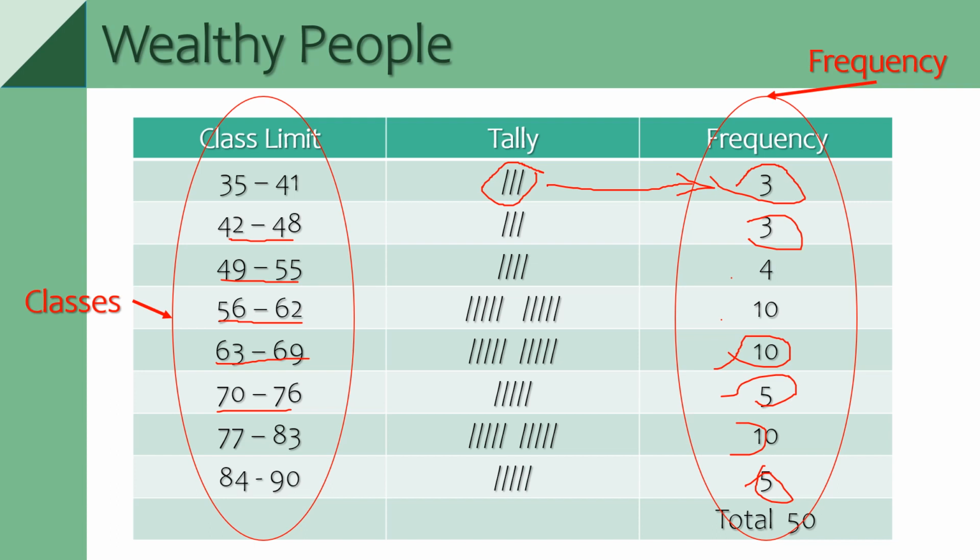Okay, so that is the frequency distribution table of wealthy people.